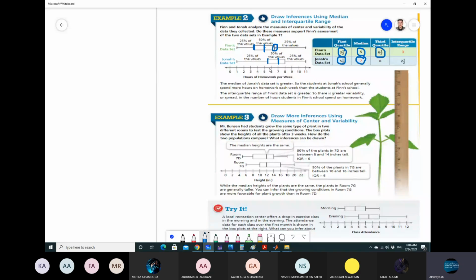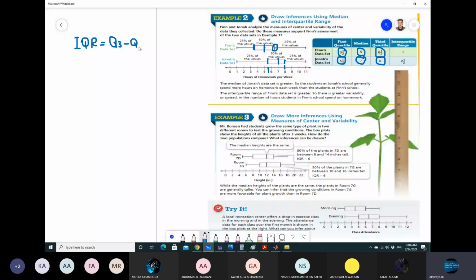And the third quartile for the second data set is 8, which is correct also. And we can use the first and the third quartile to calculate the interquartile range. Again, the interquartile range can be calculated using this rule, Q3 minus Q1. It is a measure of variability.